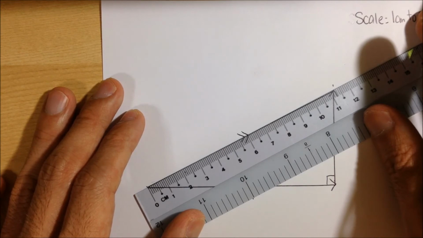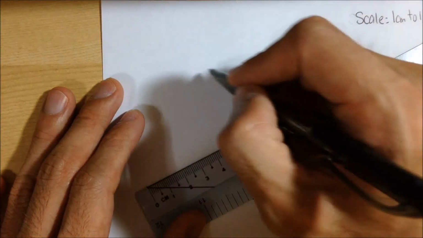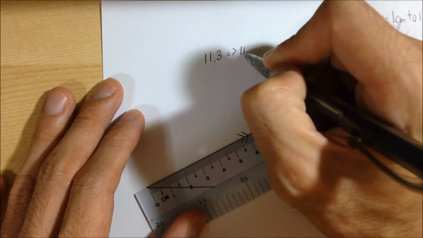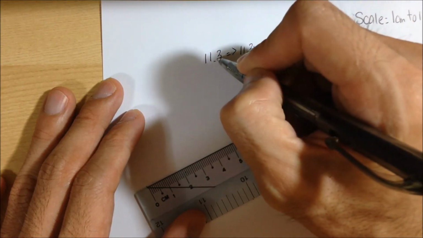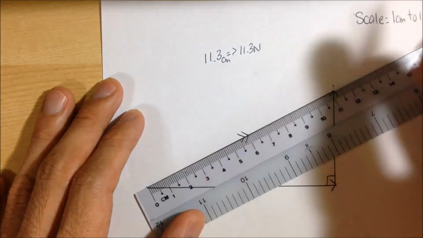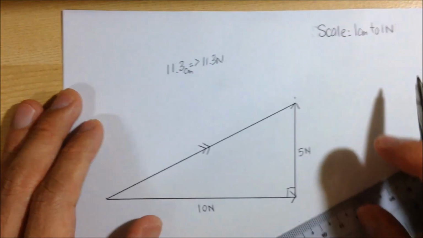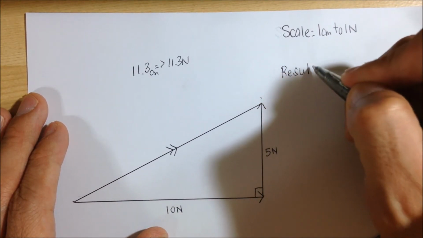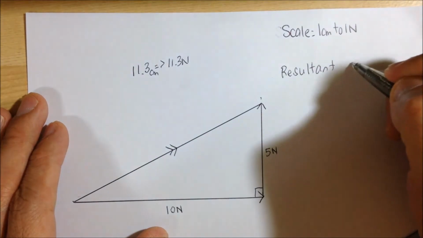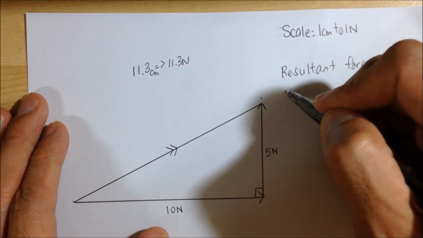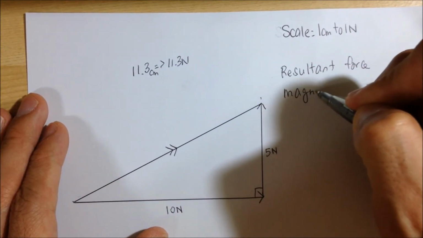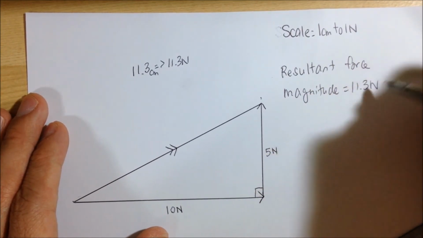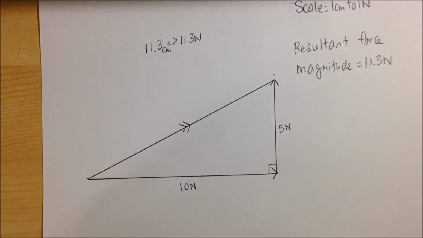So 11.3 cm is actually 11.3 Newton, right? Because it's a 1-to-1 conversion. So in other words, your resultant force, to present it nicely, the magnitude will be 11.3 Newton.